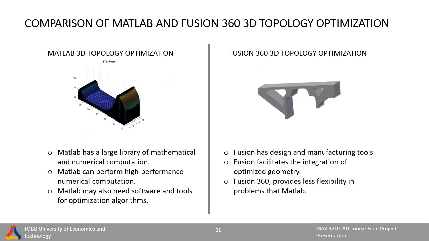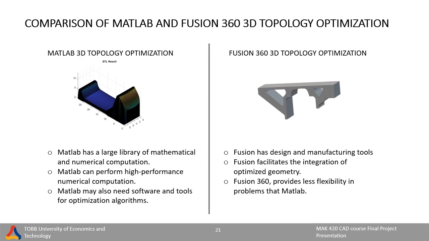MATLAB has a large library of mathematical and numerical computation, so it offers many tools for implementing topology optimization algorithms. MATLAB can perform high-performance numerical computation for large and complex topology optimization problems, and may also need software and tools for optimization algorithms and visualization of their results. Fusion, on the other hand, is CAD software and therefore has design and manufacturing tools.